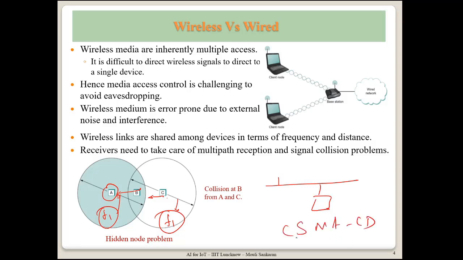If you remember Ethernet communication, the Ethernet cable is a common medium, and multiple devices are there. Imagine a situation where there is one device here, this is A, this is B, and this is C. Imagine A is sending a packet to B, or maybe addressed to somebody else. C is also sending at the same time.